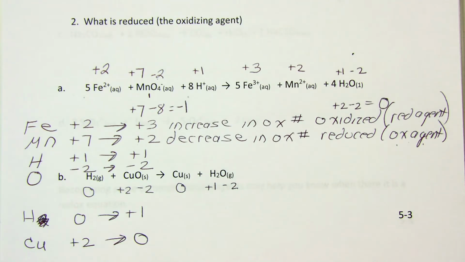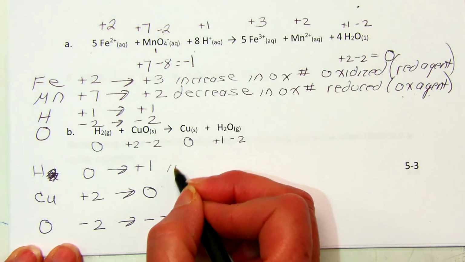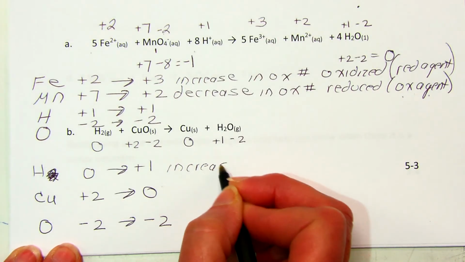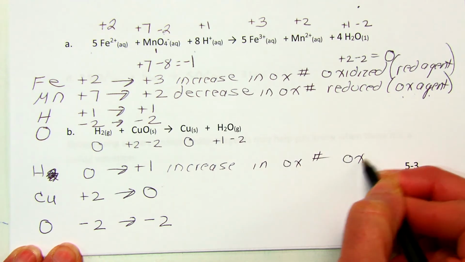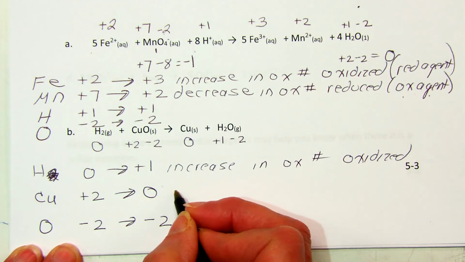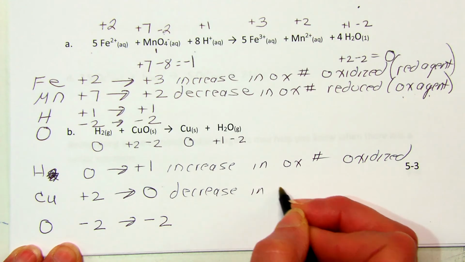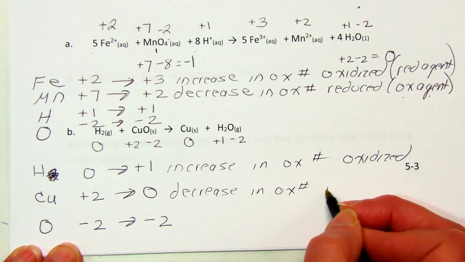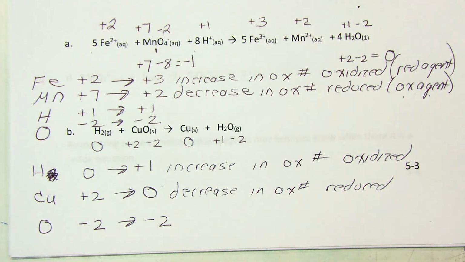So hydrogen did what, class? It was oxidized. It had an increase in oxidation number. And copper, decrease in oxidation number. It was reduced. And oxygen did not participate.